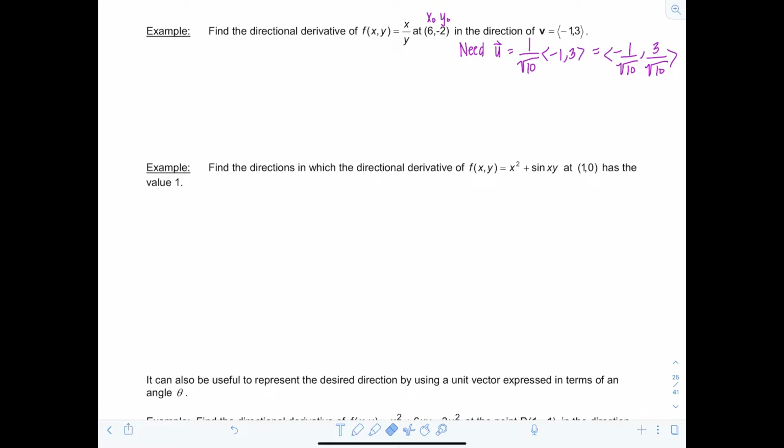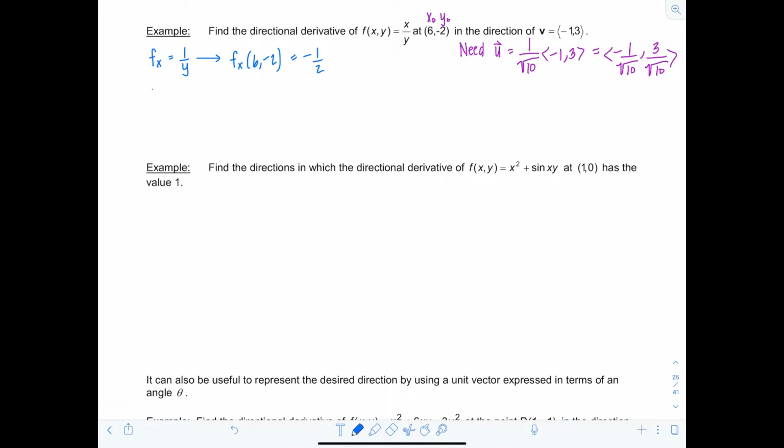All right, now I need my partial derivatives. So partial derivative with respect to x, remember holding y constant, that would just give me 1 over y. So that means that my partial derivative with respect to x evaluated at 6, negative 2 would just be negative 1/2.